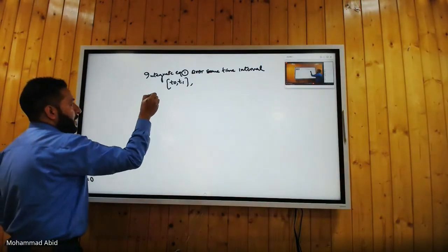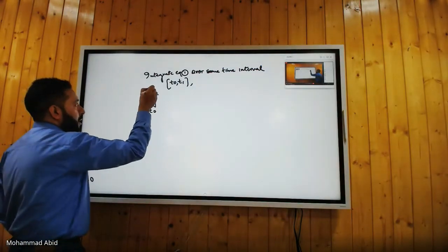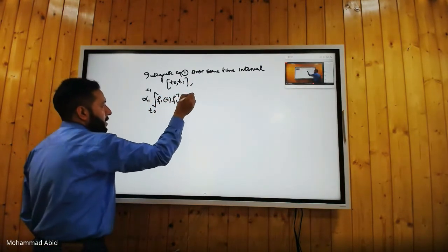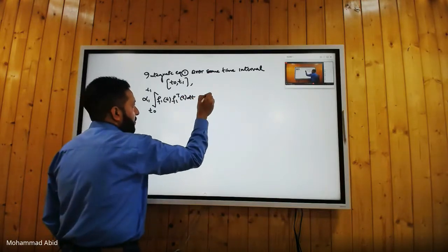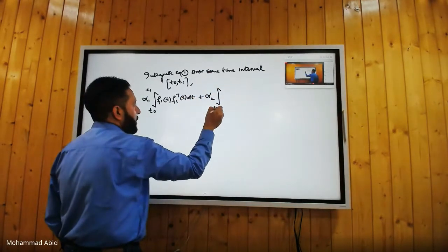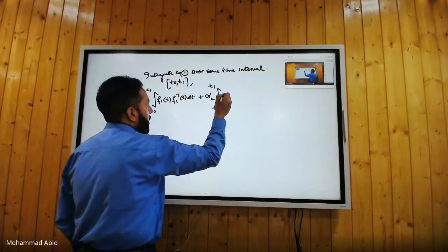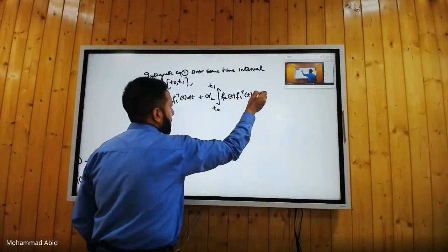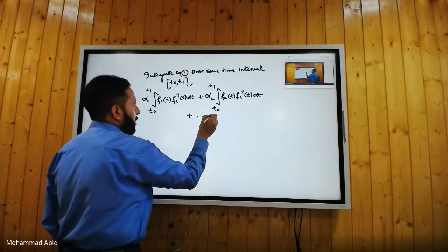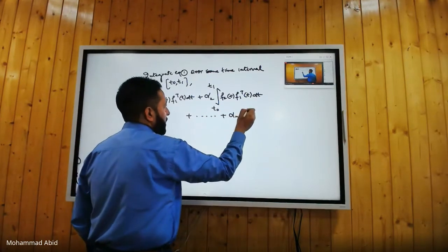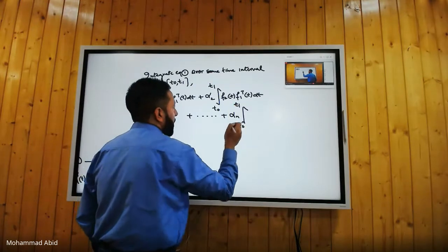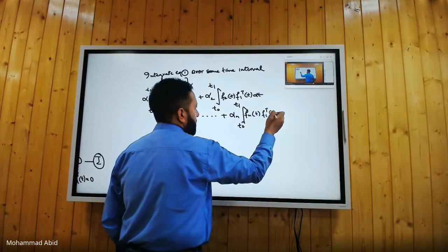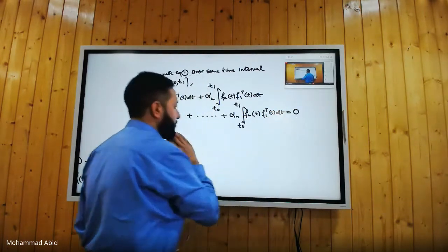I get alpha 1 integral of t0 to t1 F1(t) F1 transpose(t) dt, plus alpha 2 integral of t0 to t1 F2(t) F1 transpose(t) dt, plus so on, alpha n integral of t0 to t1 Fn(t) F1 transpose(t) dt equal to 0. Is that okay?